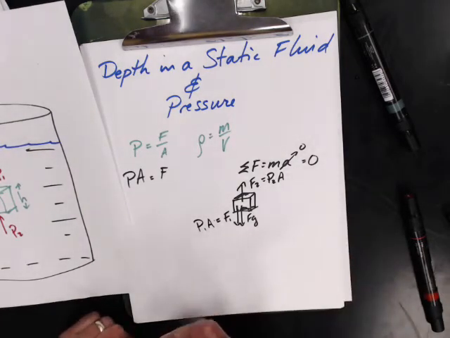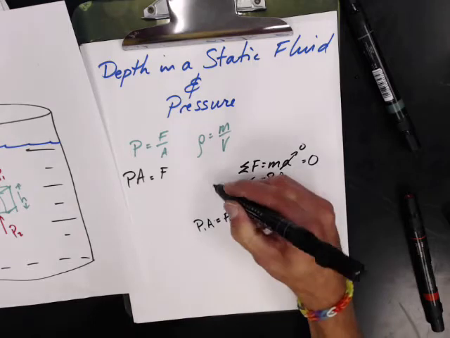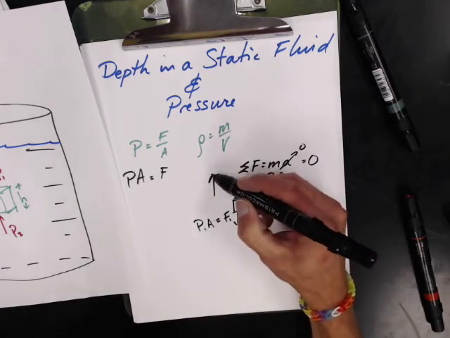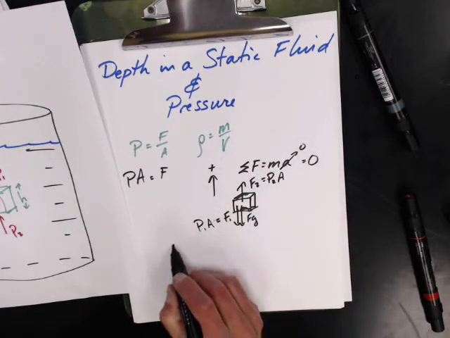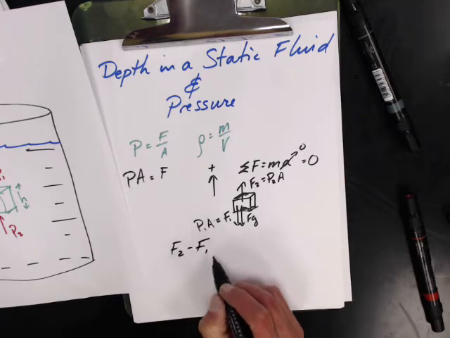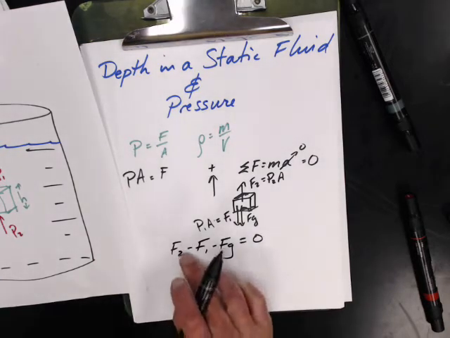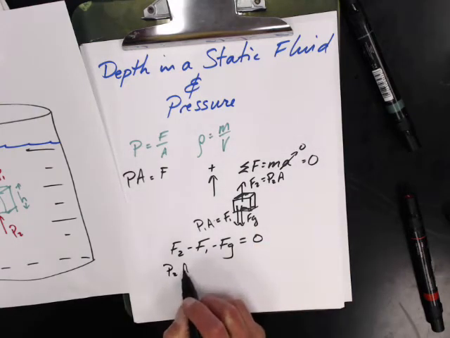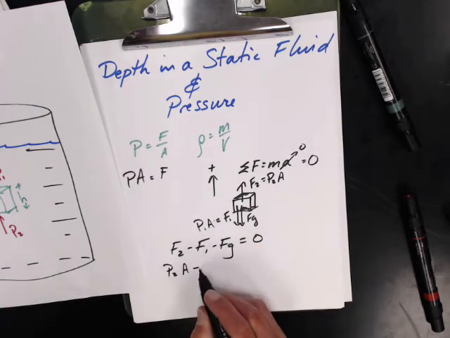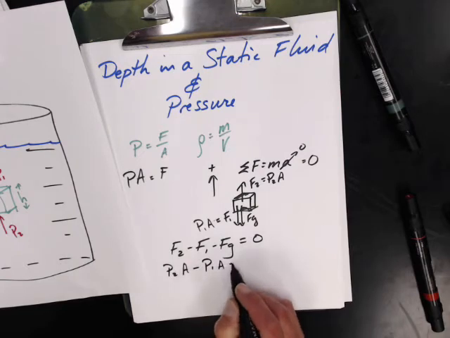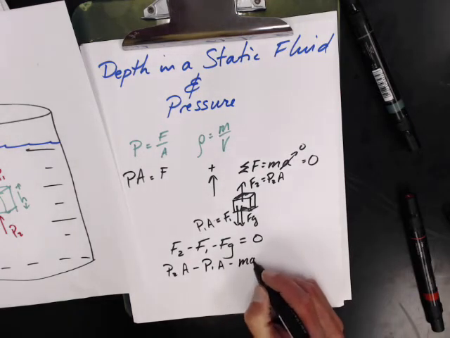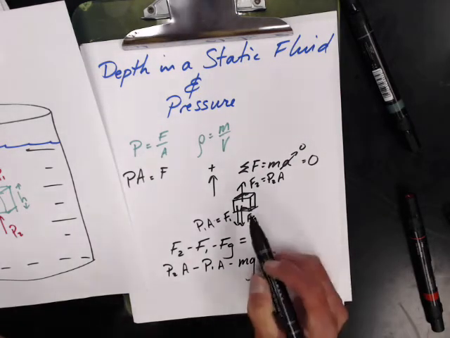Let's sum these forces up. Make this way positive. So we have F2 minus F1 minus Fg equals 0. F2 is P2A, minus F1, P1A, minus the force of gravity, which is mg, equals 0.